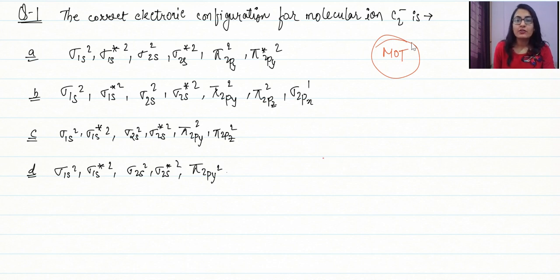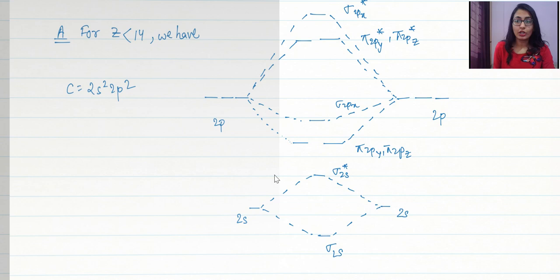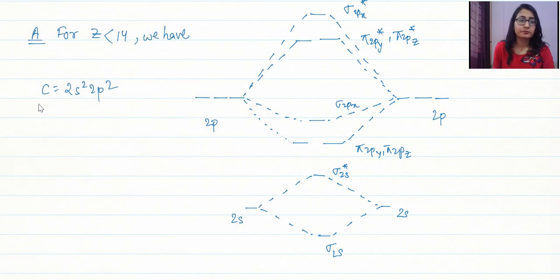For carbon, we know that it has an atomic number less than 14. So it is going to have a molecular orbital ordering different from oxygen and much more similar to nitrogen. So we are just going to directly see the molecular orbital diagram. Carbon has the valence shell electronic configuration 2s2, 2p2.